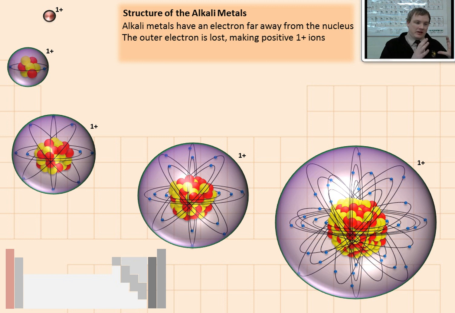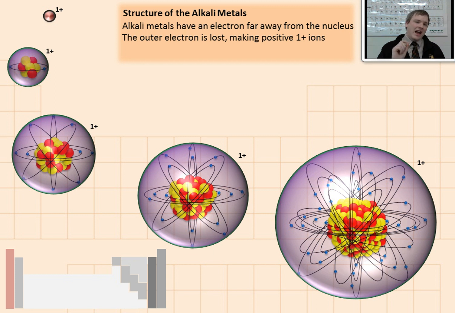And that's what that intense chemical reaction is as sodium contacts water and blows up. That electron getting ripped away from every single sodium atom. And then the sodium atom forms a 1+ ion, and then it will react with other substances to form different things.